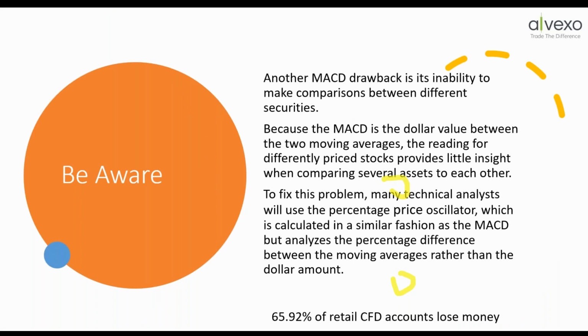Another drawback of MACD is its inability to make comparisons between other securities. Sometimes, even though we have some general rules here, you have to take a look at how MACD behaves in these particular areas or these asset classes. Okay? Because as we know, cryptocurrency has big shifts in the market.